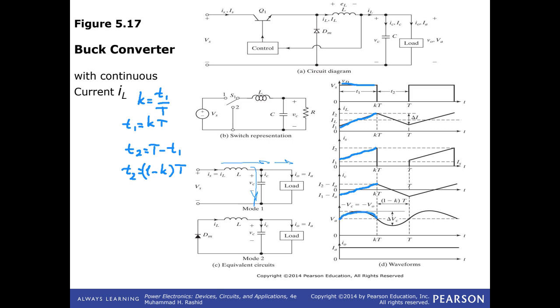When the time comes and we put the switch off, of course no current is going to flow from the supply. When you put this switch off, current is going to flow through that network, since we have already stored energy in the inductance.